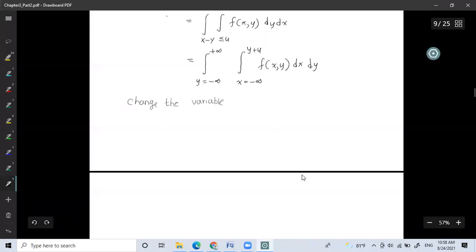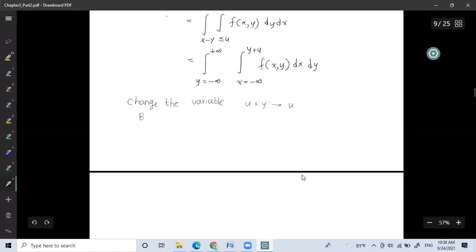You have to get rid of this complex y plus u and replace it with a simple one. So I want to make this u plus y reach to u actually. So that should be the final outcome.